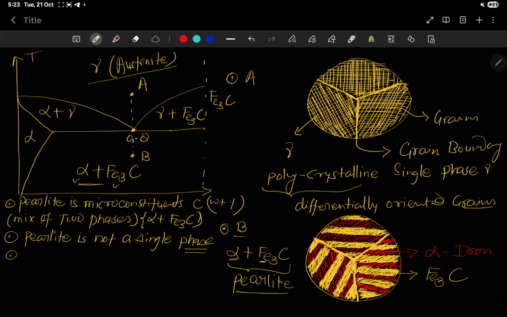And in pearlite we get alternate layers of alpha and Fe3C, and these layers are oriented differently in different regions.